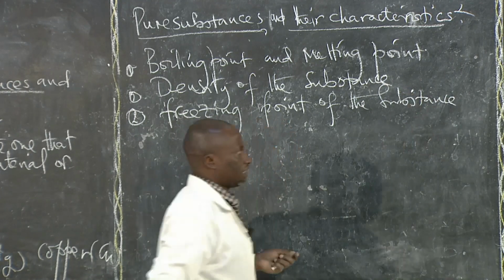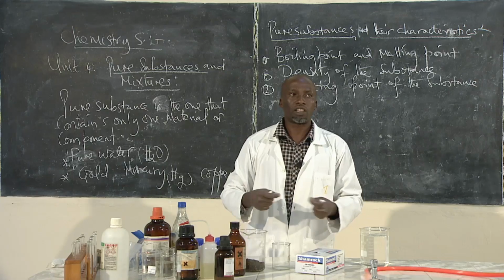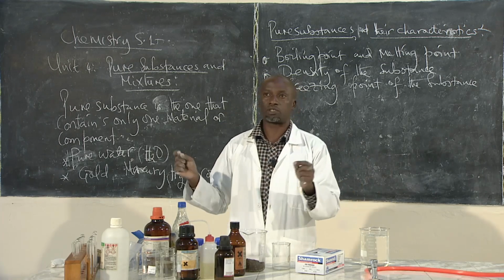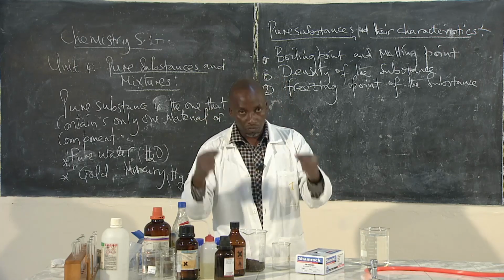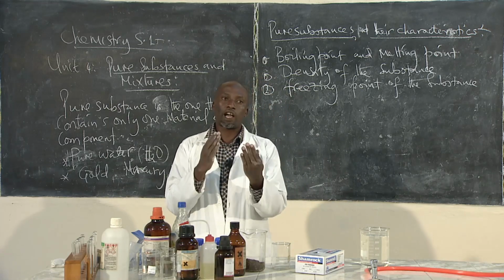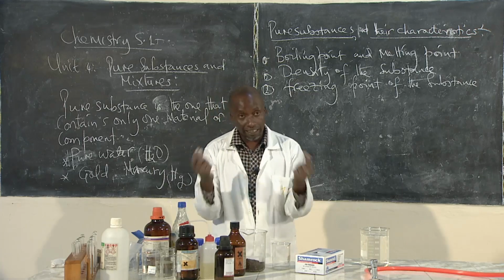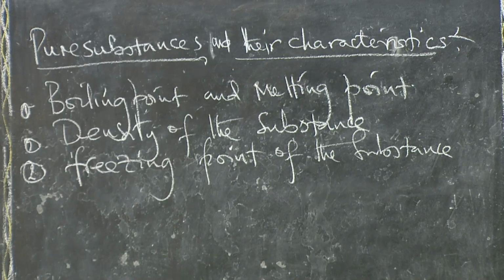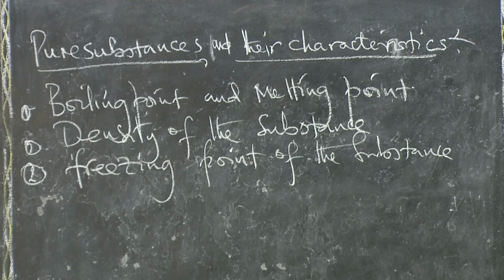If the substance is a liquid, then you can also determine the freezing point, because liquid substances also have definite freezing points. So that is how you can tell that this is a pure substance. But in nature, as I said, it is very difficult to find pure substances, though they exist.